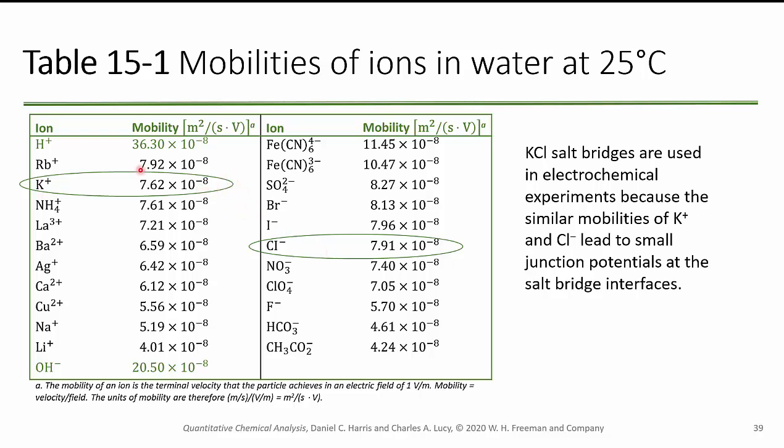So they're pretty similar, which means you're not going to get nearly as much of a difference, so you're going to have a small junction potential. Something like hydrogen and hydroxide over here is going to have really big junction potentials. So we don't want to make something with hydrogen or hydroxide part of our salt bridge. We want to try to get these pairs matched as close as we can.